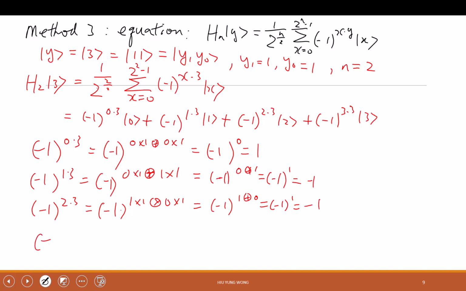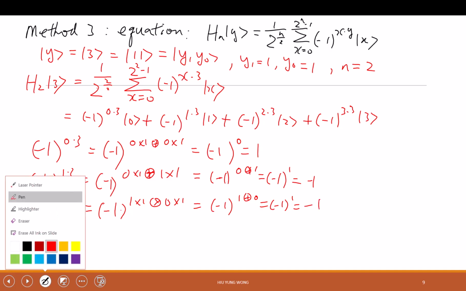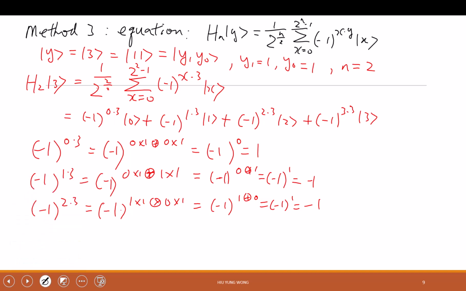And then the last one is 3, 3, which is equal to 1 times 1 exclusive or 1 times 1, right? So what is 1 exclusive or 1? 0, because you have an even number of 1s.